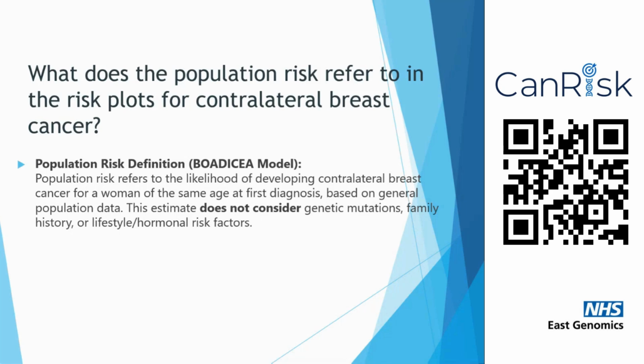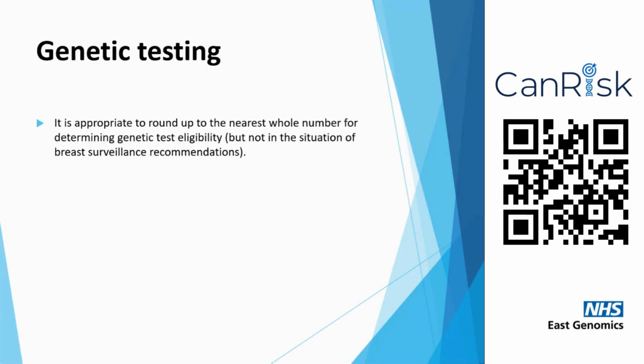And that's just based on information in the general population. It doesn't consider the treatment that she might have had for her breast cancer, any other family history information or lifestyle information. So just to say that that line of the graph also has its limitations.